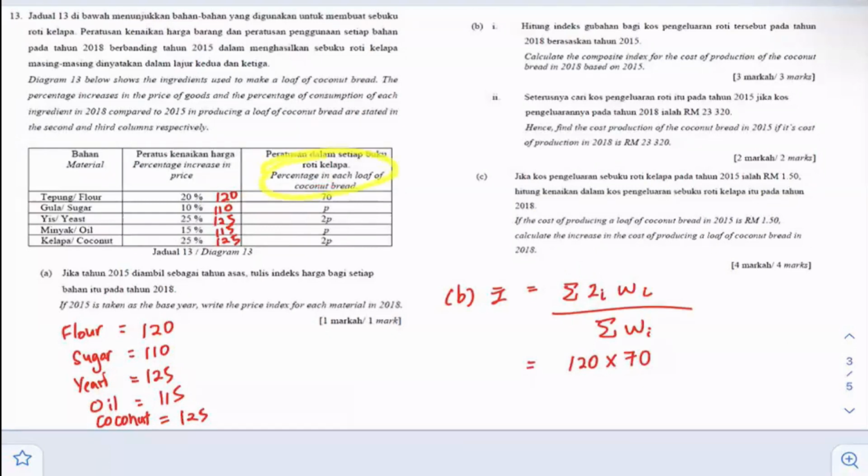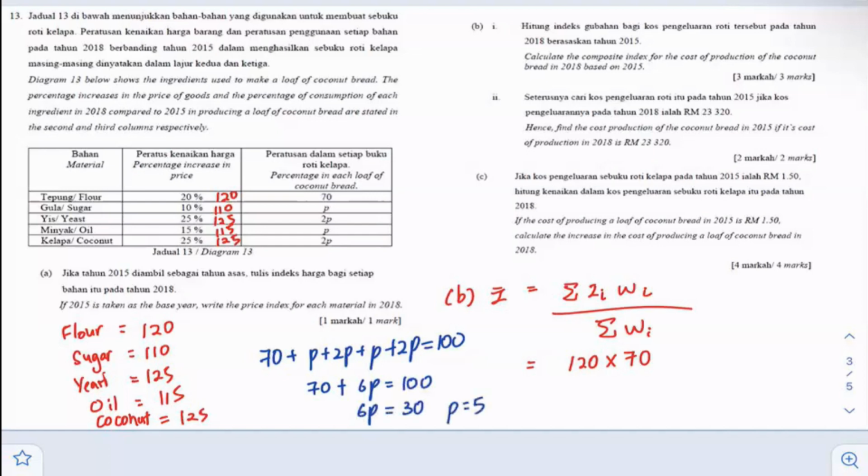As this is the percentage, so we know overall will be 100. So 70 plus P plus 2P plus P plus 2P will be equal to 100. 70 plus 6P equal to 100. 6P equal to 30, so P will be 5. So we know this is 5, this is 10, this is 5, and this is 10.